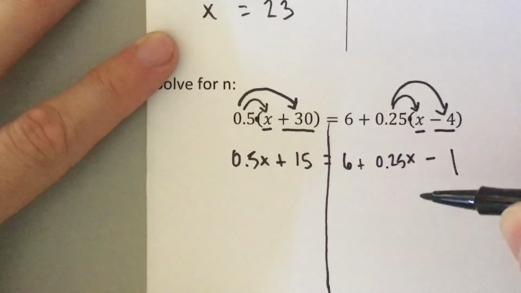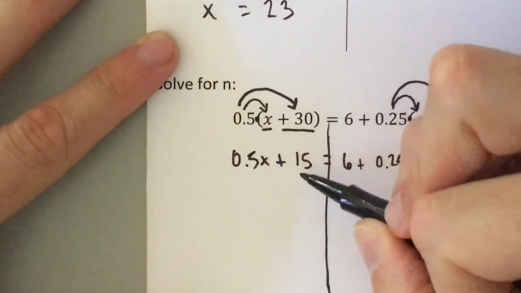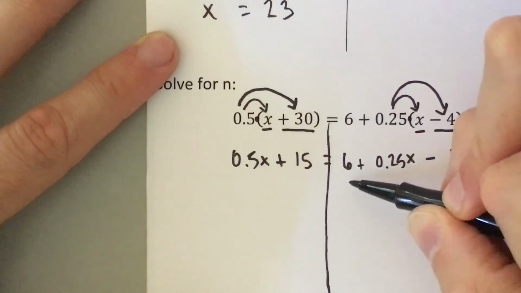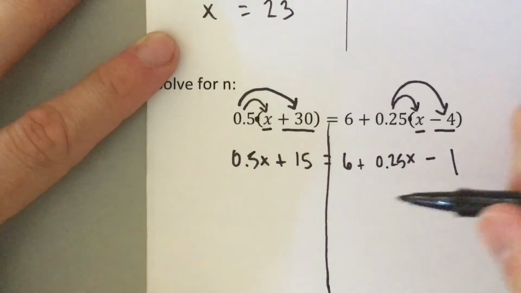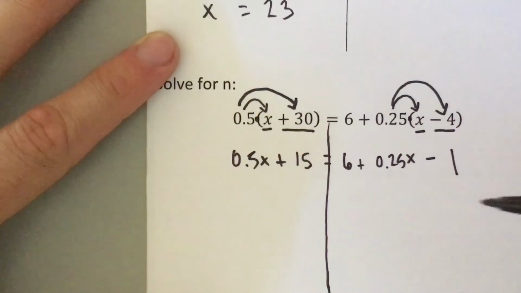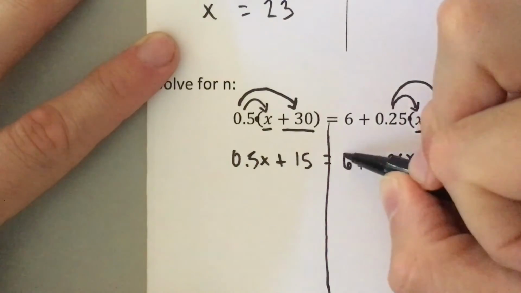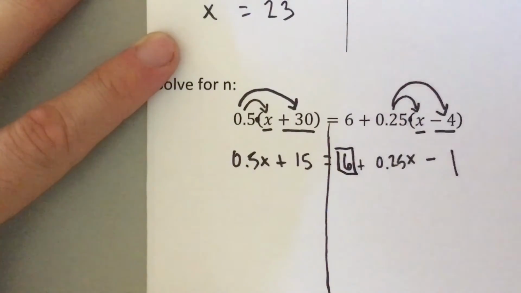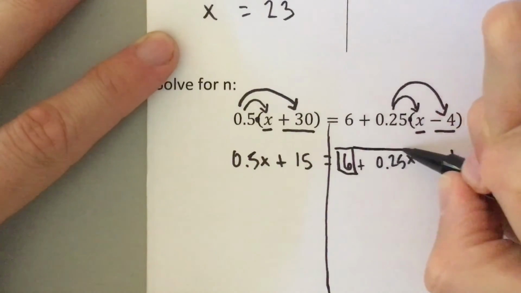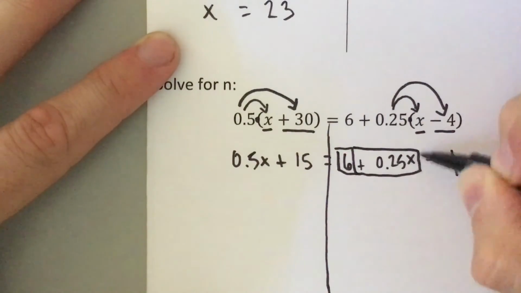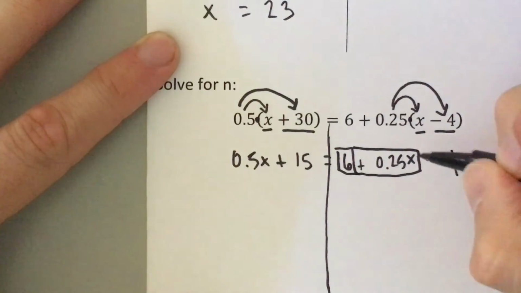Now, something you may just want to be looking at is on the left side, we have two terms, a variable and a constant. On the right, we actually have 3. So we're going to try to make that smaller before we do any math, or before we start working backwards to solve for x. You're going to look at that 6. We can't add 0.25x to the 6 because we have variables, we have constants, they're not the same.